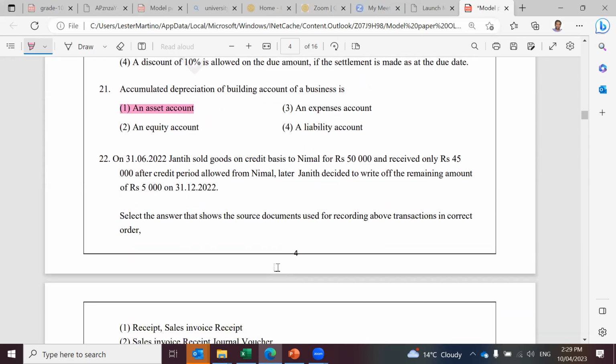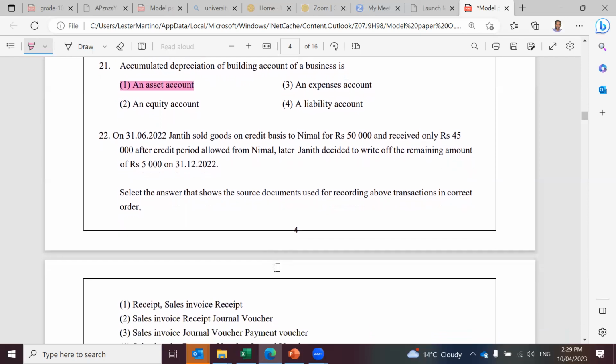On 31st December 2022, Janit sold goods on credit basis to Nimal, 50,000, and received 45,000 after the credit period allowed from Nimal. Later, Janit decided to write off the remaining amount of rupees 5,000 on this date. Select the answer that shows the source documents used to record the above transaction.